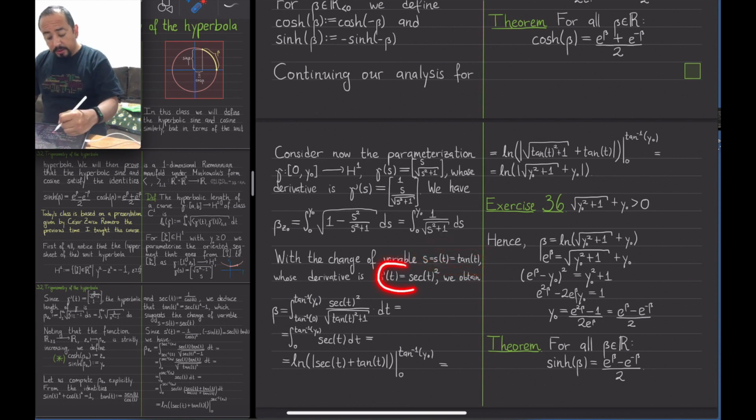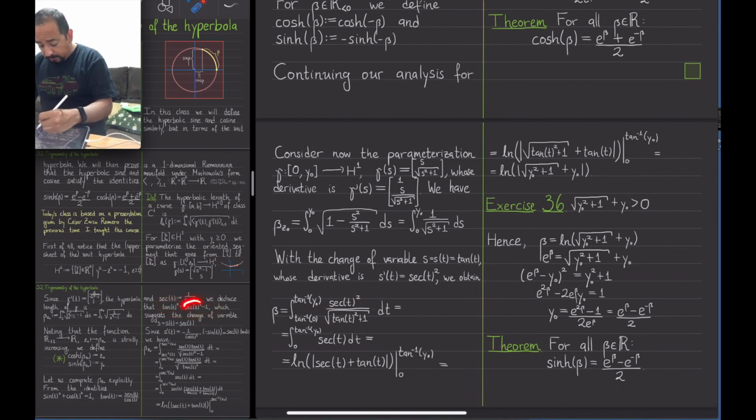So you take the derivative, quite easy to compute, because tangent is defined as sine divided by cosine. When you substitute here, writing tangent instead of s, and you write the derivative, you obtain this one. Tangent inverse of 0 is 0. And here we had this identity.